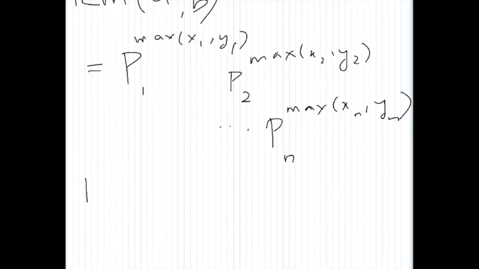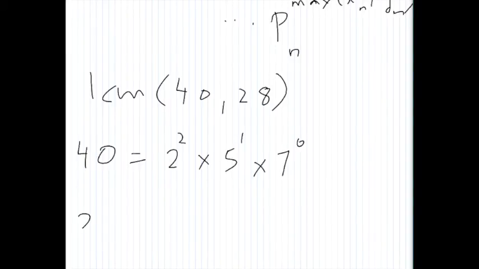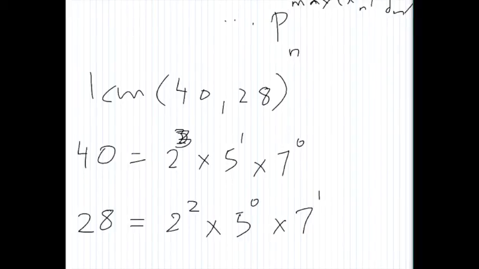Okay, so let's see an example again. The LCM of 40 and 28. What is the LCM, by the way? I think the LCM is 280, but let's see, I may be wrong. So 40 again is what? 2 cubed times 5 to the 1 times 7 to the 0, and 28 is 2 squared times 5 to the 0 times 7 to the 1.